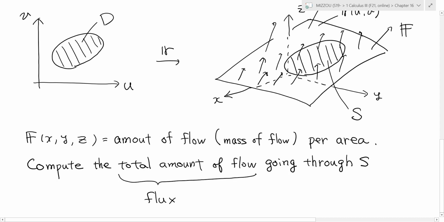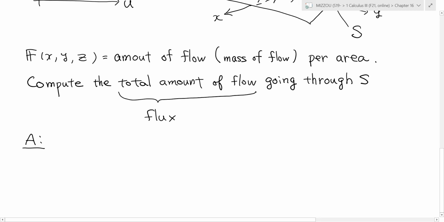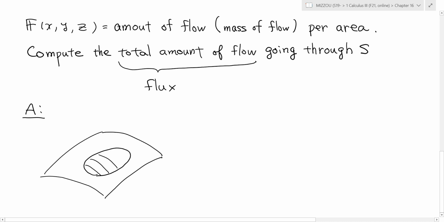Okay, so now here's the answer. Let me draw the picture again. So we have our surface, and then we have this finite region on the surface, and this is our S. And then, as usual, let's look at a small patch on the surface, and this has the area dS.